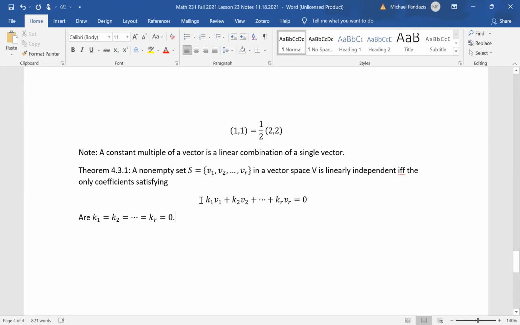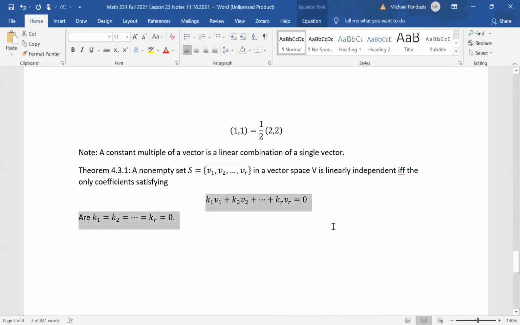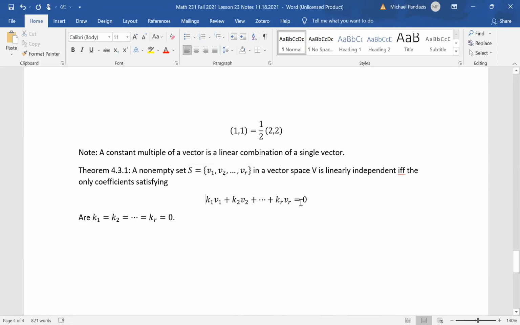So this set is linearly independent if and only if the only way you can make a linear combination of those vectors equal to 0 is if all of the coefficients in that linear combination are 0. By making this statement that the only coefficients that would make this equation true are 0, that's also saying that you cannot express any of the vectors from v1 to vr as a linear combination of the other vectors.